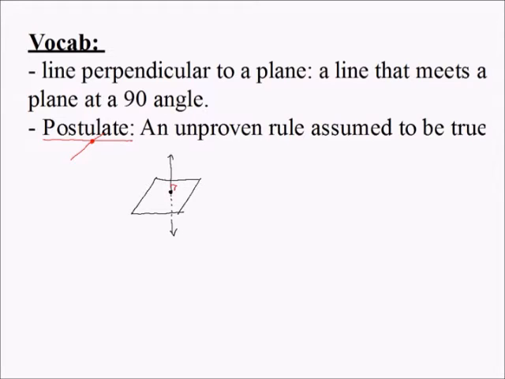Remember that indicator is from the right triangles, and let's go ahead and put that little red box in there. Remember, this red box means 90-degree angle. Okay, so I'm using that same right angle degree measure right here. So if a line goes through a plane at a 90-degree angle, then you have line perpendicular to a plane. Okay, next slide.